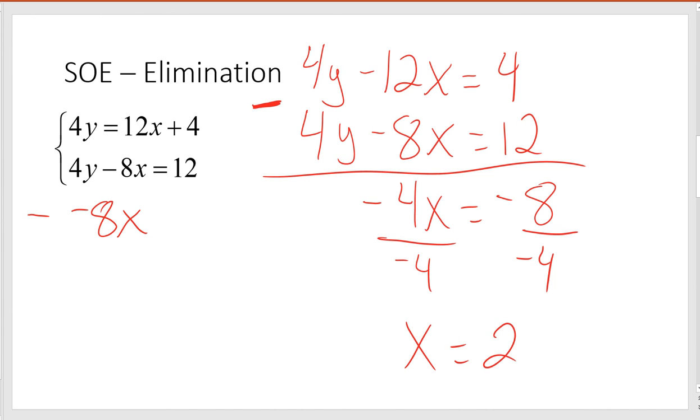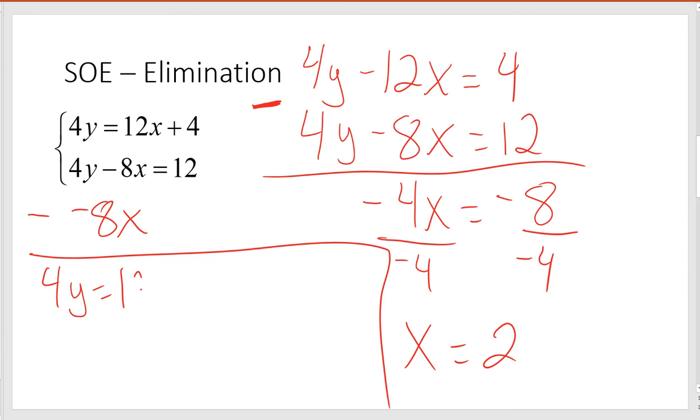Once we know x equals 2, I can take x equals 2 and plug it into either equation. It doesn't matter which one. I'm going to plug it into this top equation up here. We'll see what that looks like. 4y equals 12 times, instead of x, I plug in a 2, plus 4.